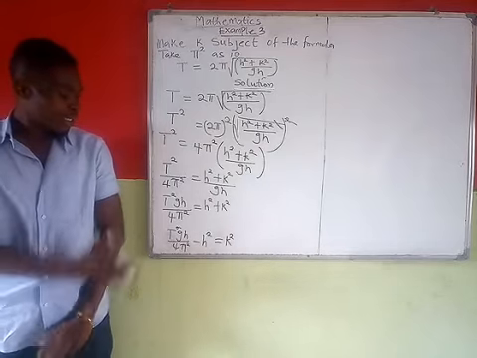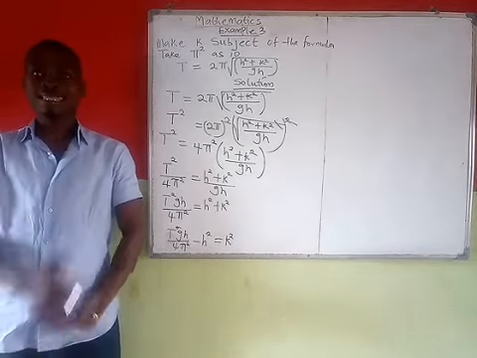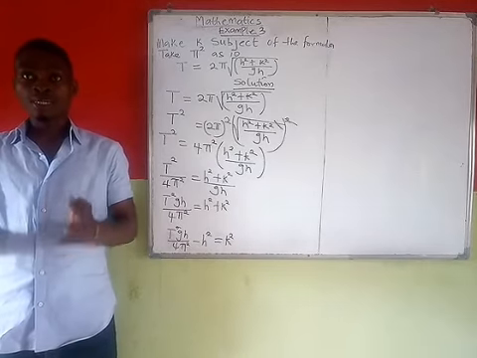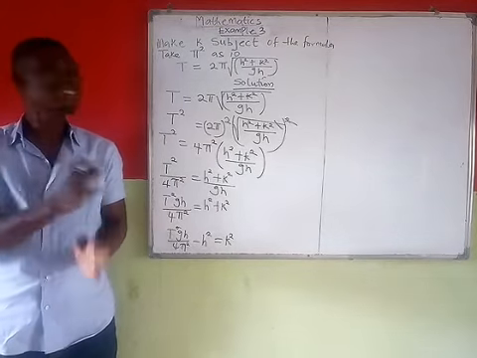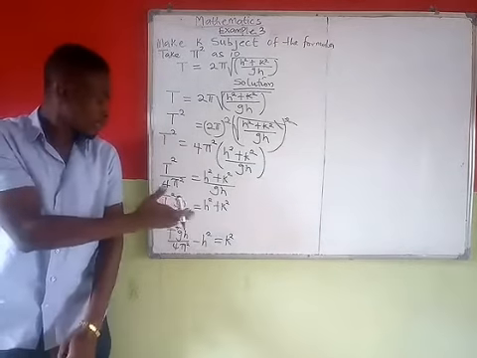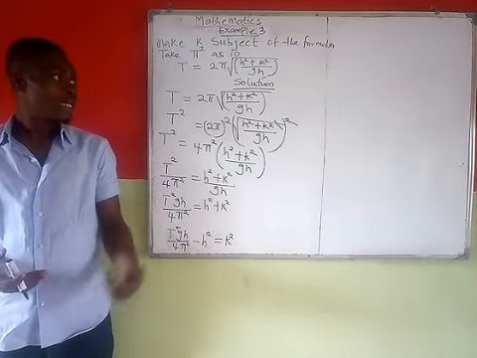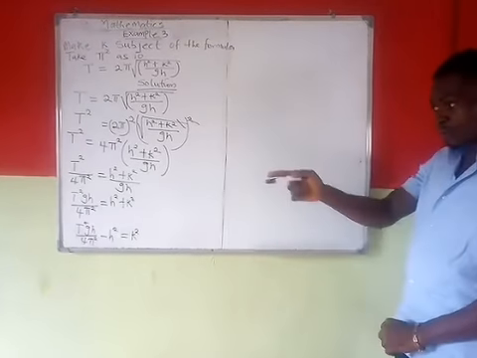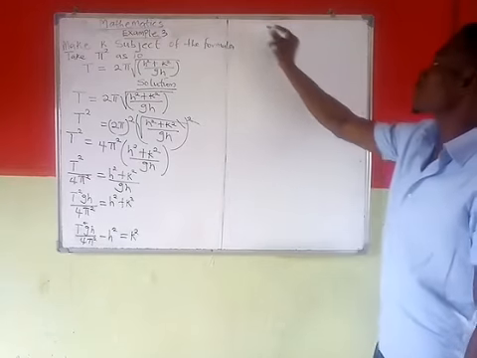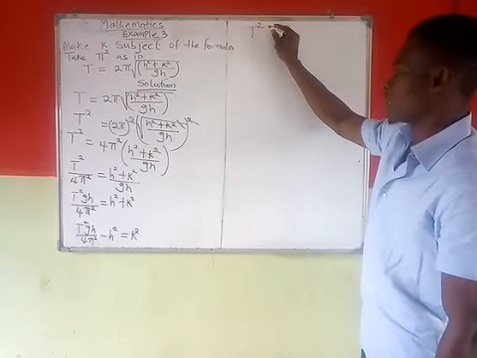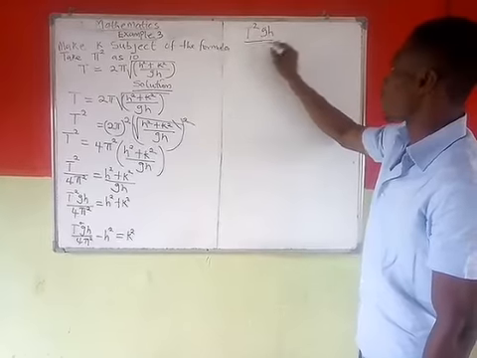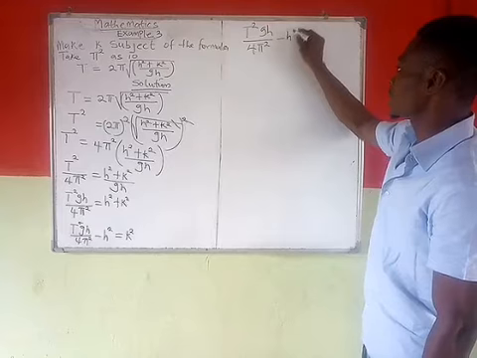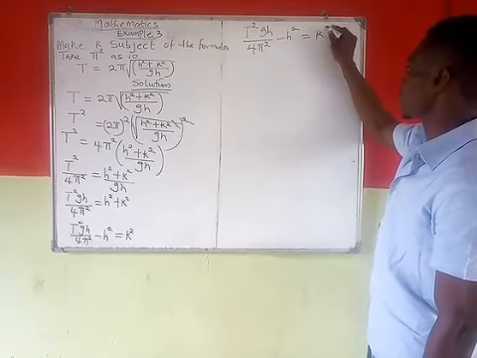Now looking at this, you see that k squared is now on the right hand side alone, but that is not what we're looking for. The question says we should make k alone stand and we should not have k squared. So to do that, we'll move over to the next side. Continuing from the other side of the equation, that is T squared gh over 4 pi squared minus h squared is k squared.